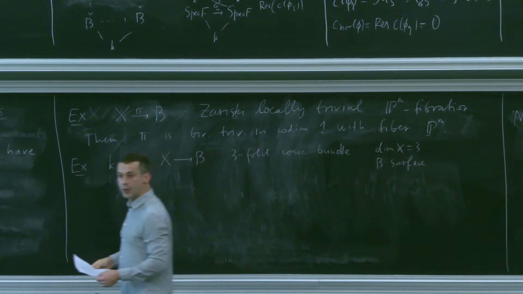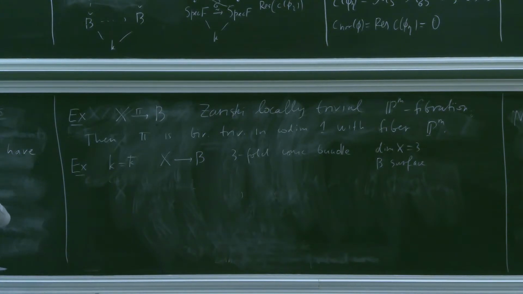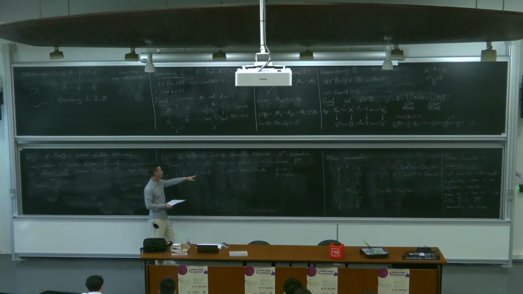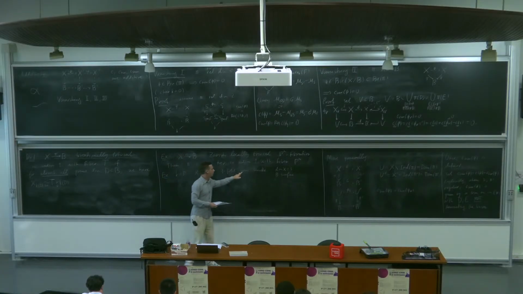So conic bundles don't have to be Zariski locally trivial. There's some kind of conic hanging over the generic point which may have no rational points. It's a question of sections. If you are lucky to have a rational section, then it will be a bit like this. If you have no rational section, that's really like a conic bundle.